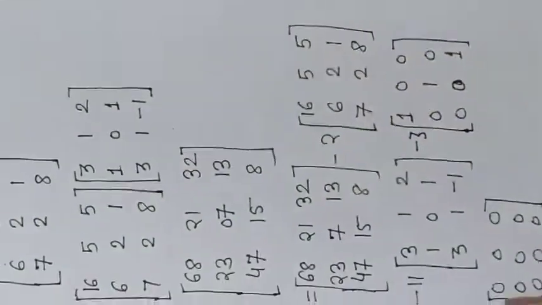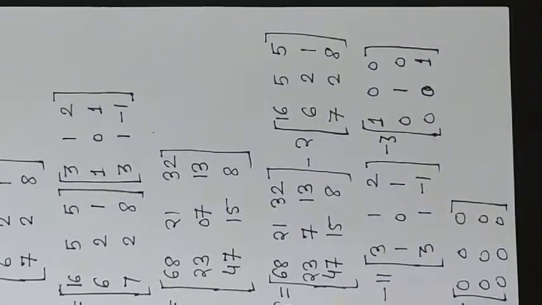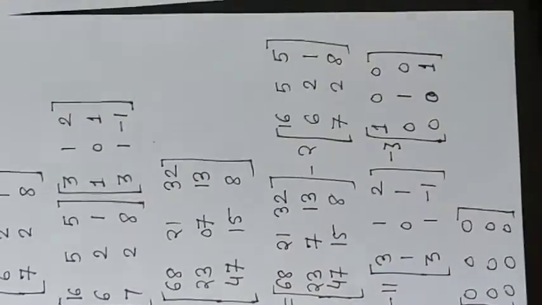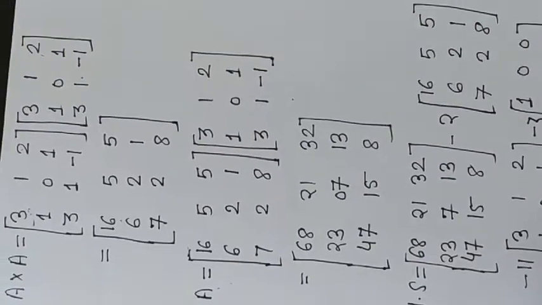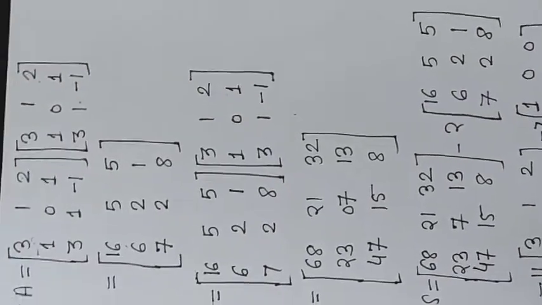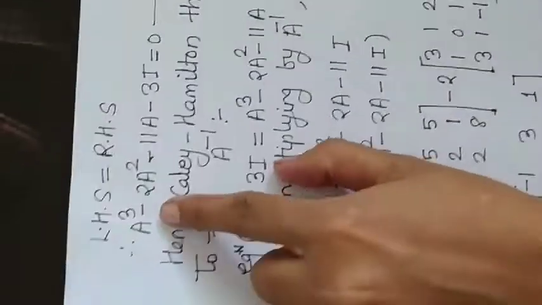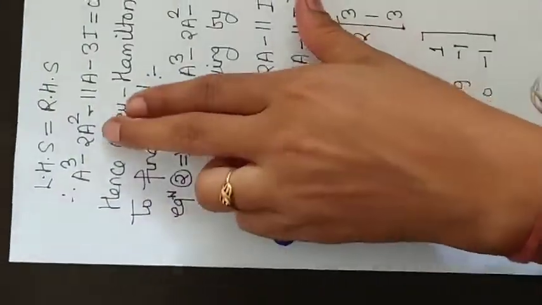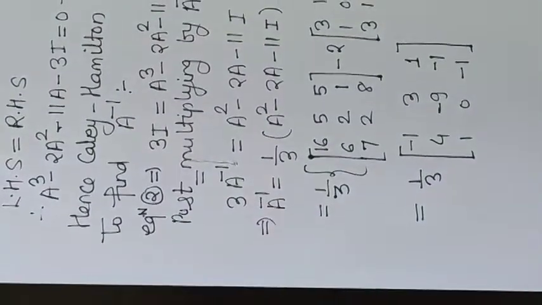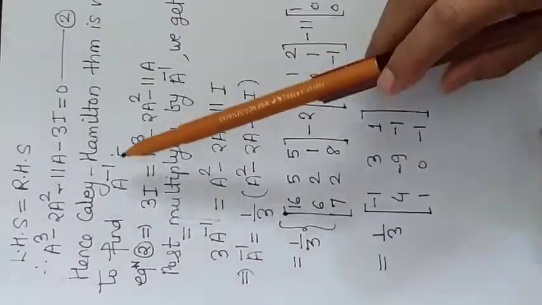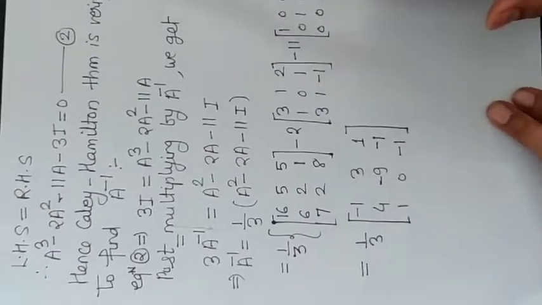So like this we'll have to simplify. Okay. So what we are getting? Therefore, A cube minus 2A square minus 11A minus 3I is equal to 0. Hence Cayley-Hamilton theorem is verified.